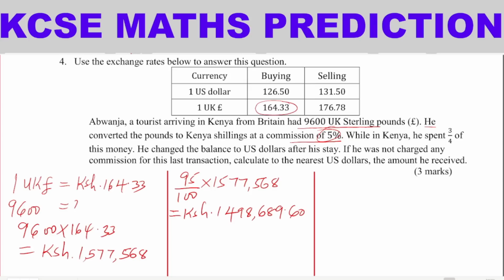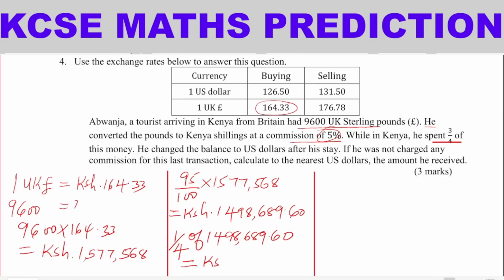While in Kenya, he spent 3/4 of this money. He changed the balance to US dollars. So if he spent 3/4 of this money, that means he was only left with 1/4 of this money. So we get 1/4. So this will be the remaining quarter of this money. That is 1,498,689 and 60 cents.